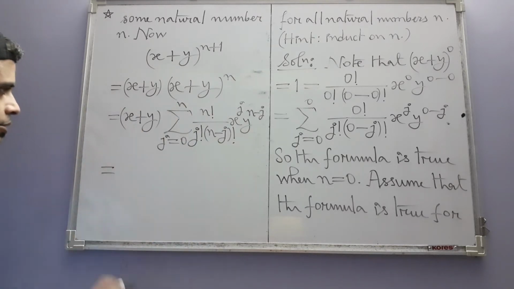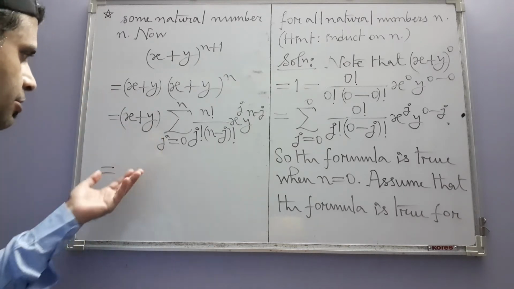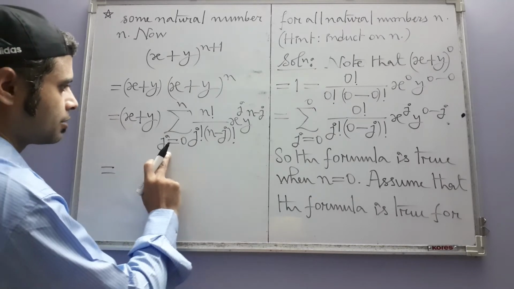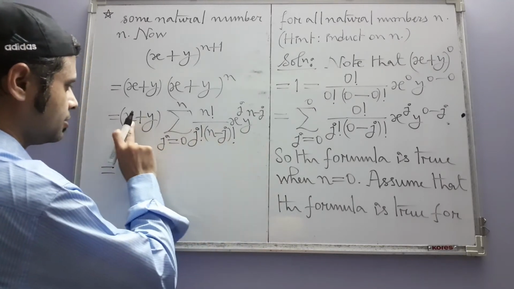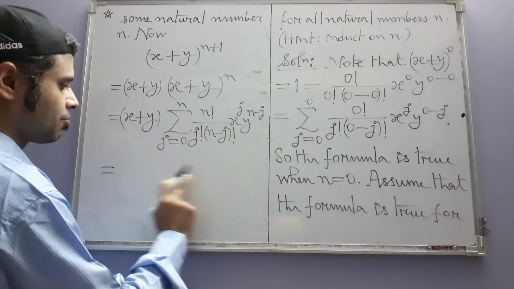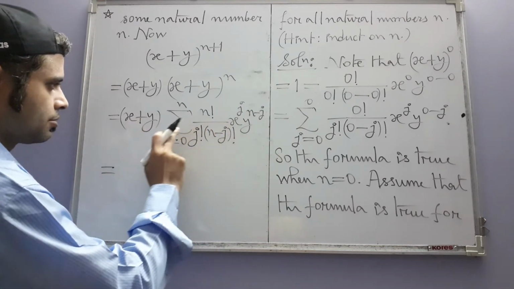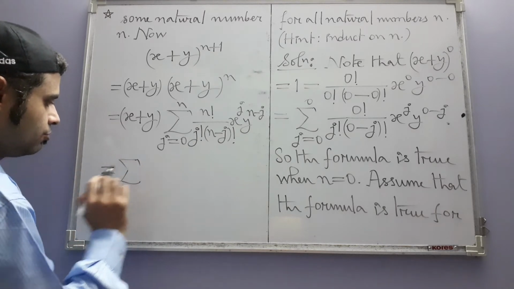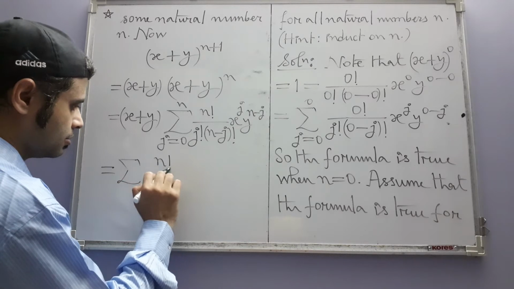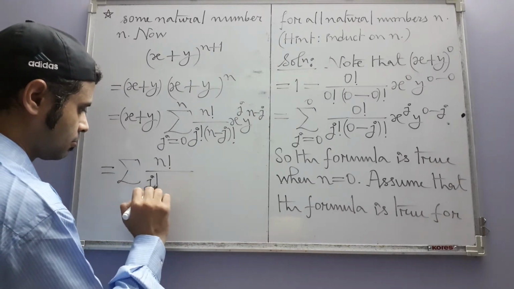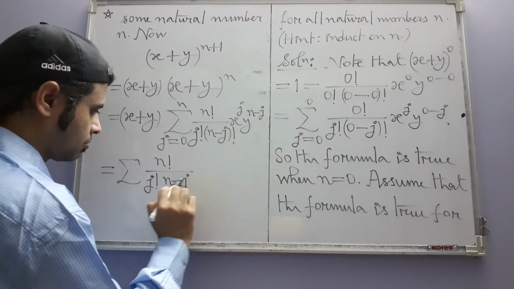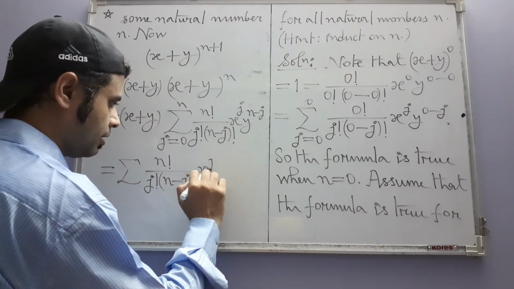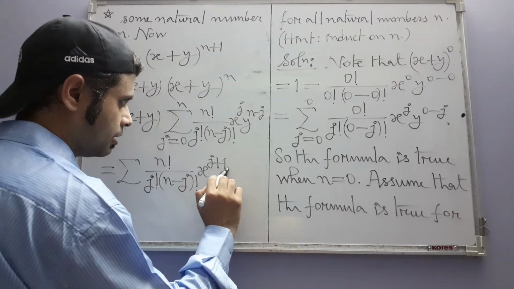Now using distributive law, or just doing your usual elementary algebra, you first multiply all the terms of this finite series by x, and then all the terms of this finite series by y. So you get a sum of two finite series. One of them is this. Multiplying by x, we get this.